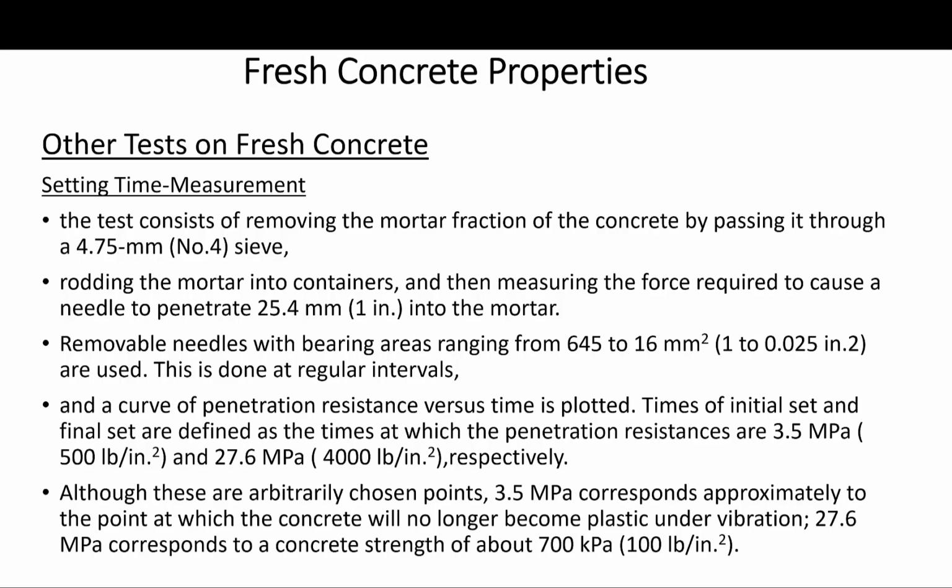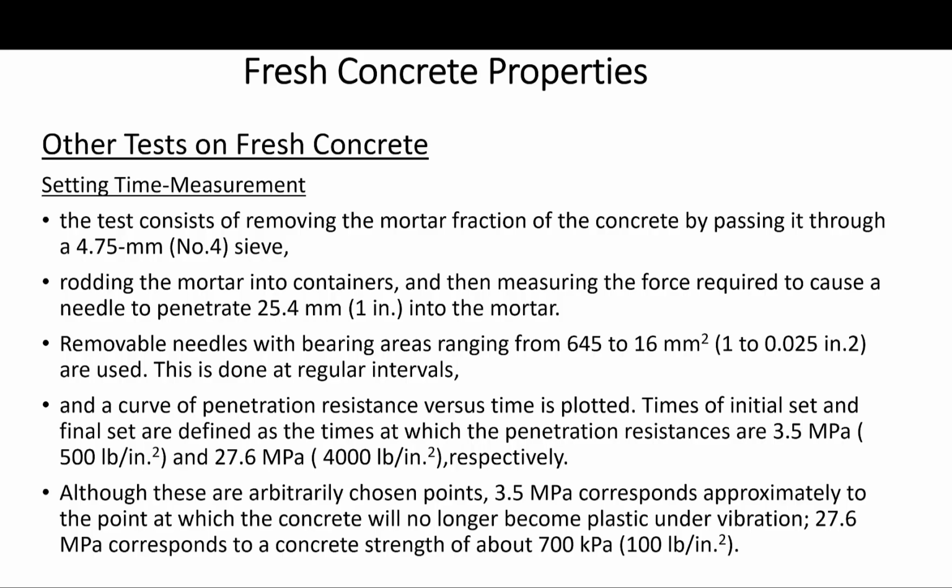Removable needles with bearing areas ranging from 645 to 16 square millimeters are used. This is done at regular intervals, and basically a curve of penetration resistance versus time is plotted.